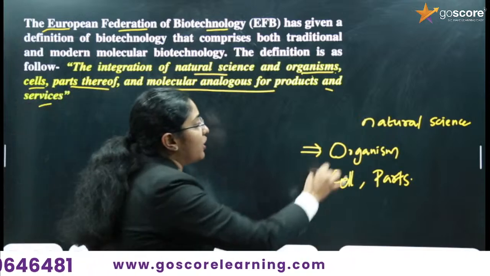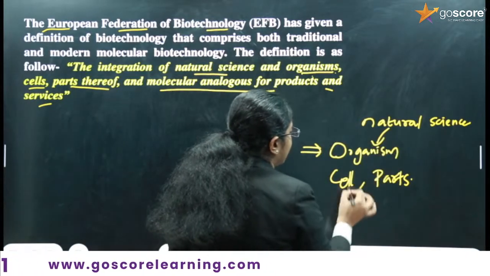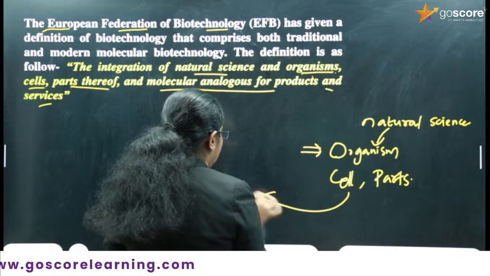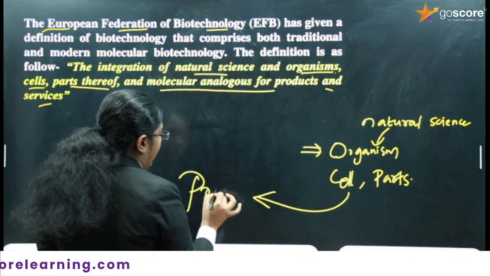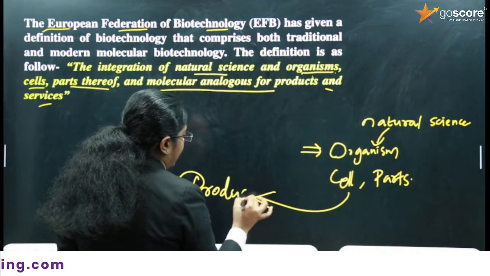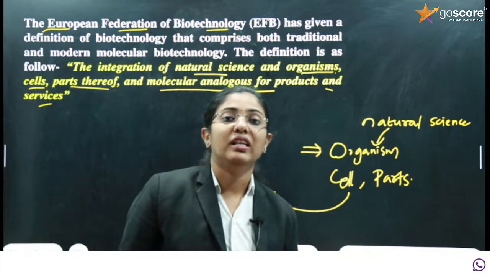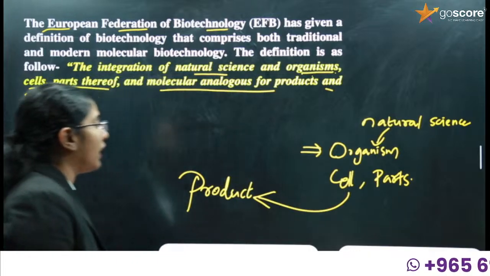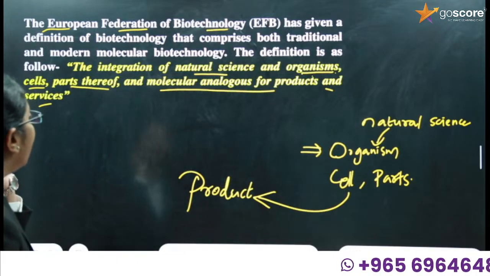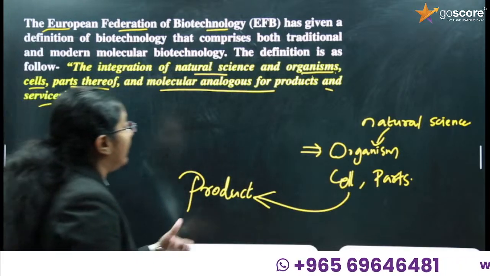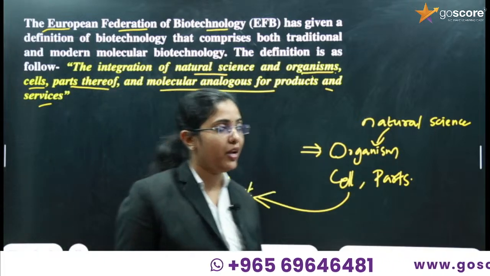So by integrating everything, what is the result? We will get a result as a product, and this product is taken for the needs of human beings. That's all about the definition of biotechnology.